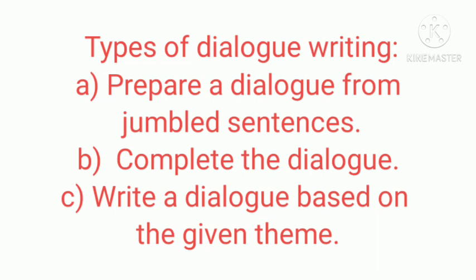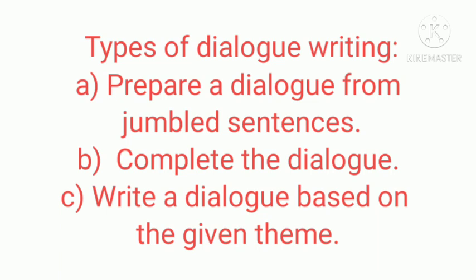This activity carries 3 marks. That means in total for dialogue writing 5 marks are given: 1 mark for preparing a dialogue from the jumbled sentences, 1 mark for completing the dialogue, and 3 marks for writing a dialogue based on the given theme.